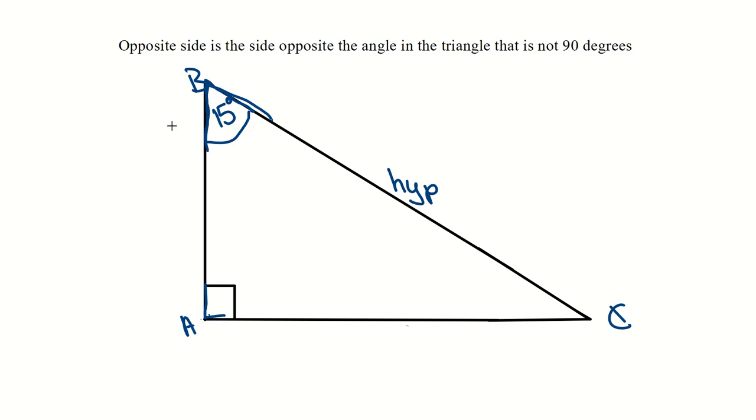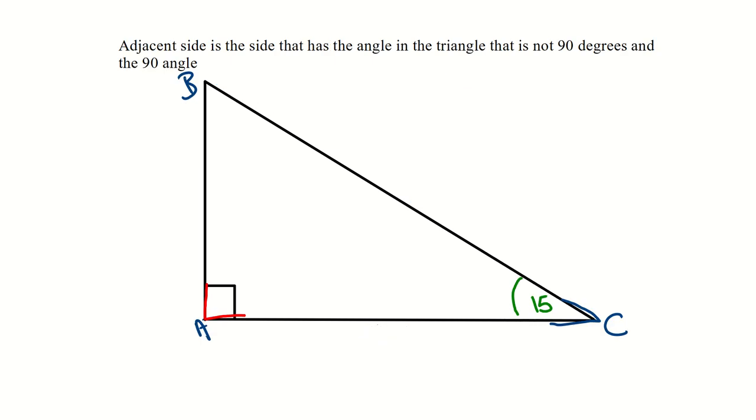So AB and BC make up that 15 degrees. Which side is not used to make up the 15 degrees? AC. So I know that AC will now be my opposite. So my opposite side all depends on the angle that is not 90 degrees.